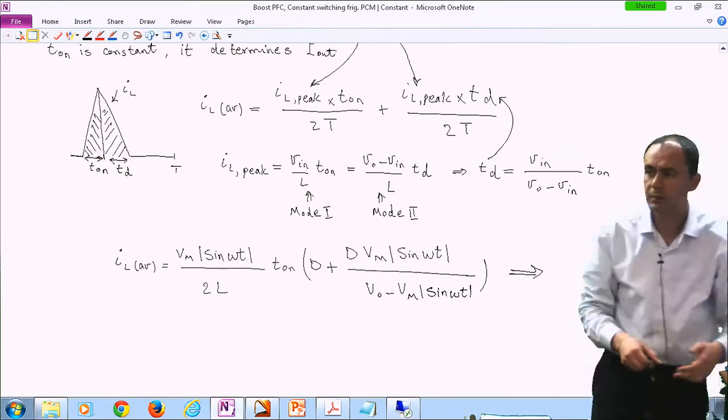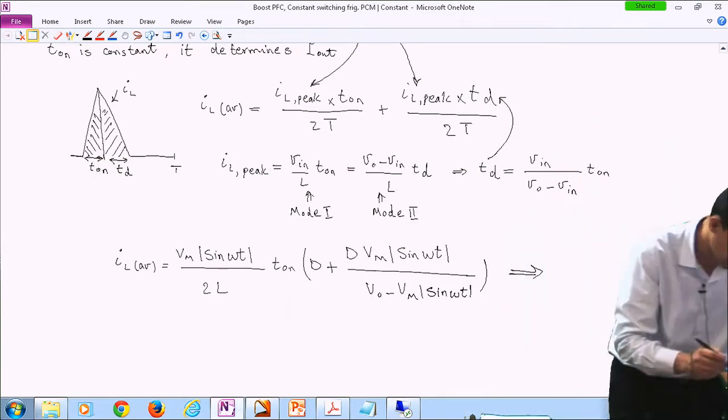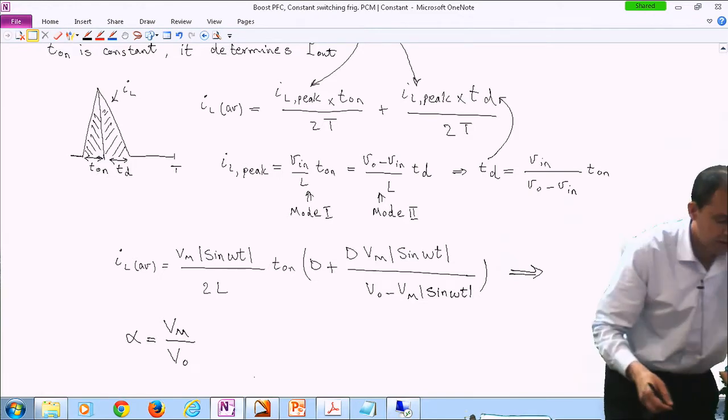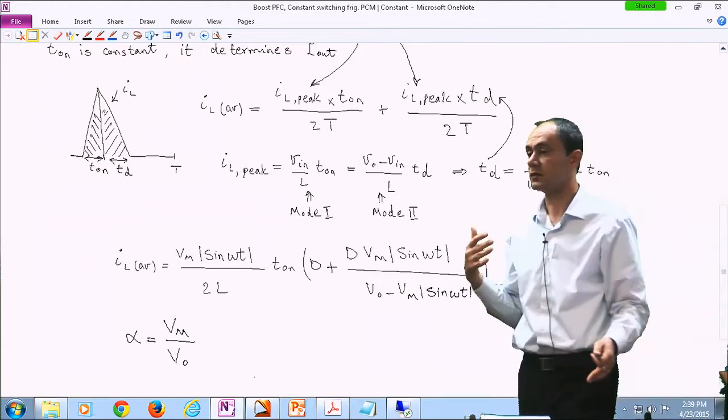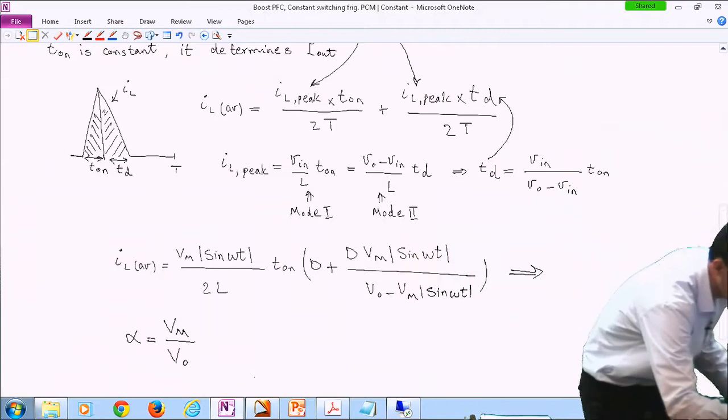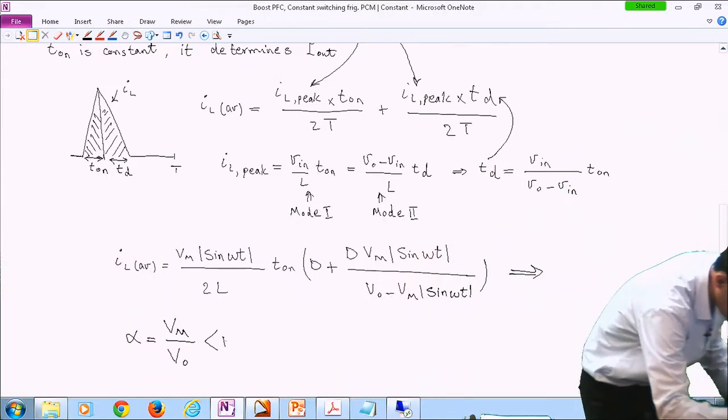And then I can maybe further simplify this equation, assuming that I define alpha as the peak value of the input voltage divided by the output voltage. Remember, this is less than 1 because we are using the boost converter.